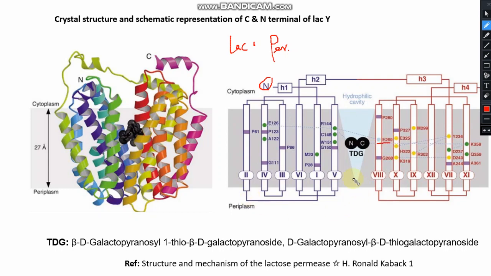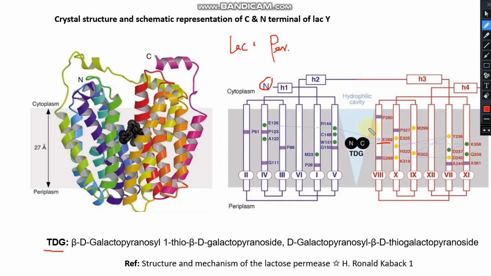In this paper they used one chemical compound, that is TDG. This is one of the beta-galactoside compounds, and here they found how this lactose permease binds with these beta-galactosides.